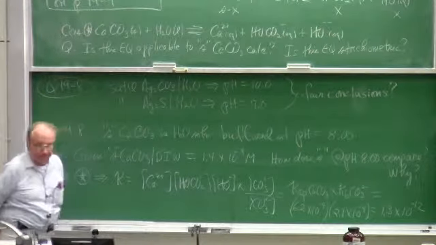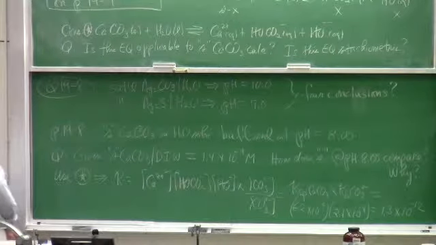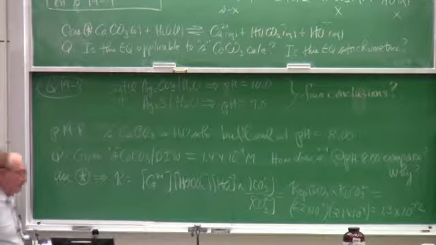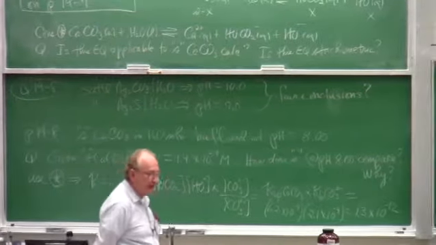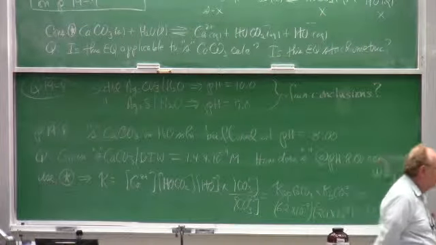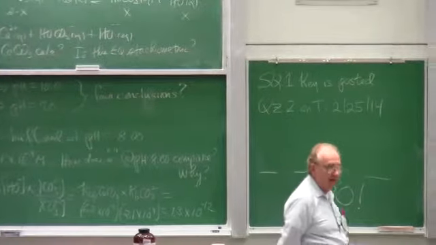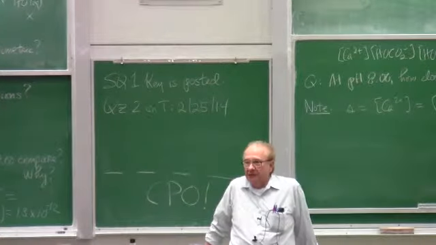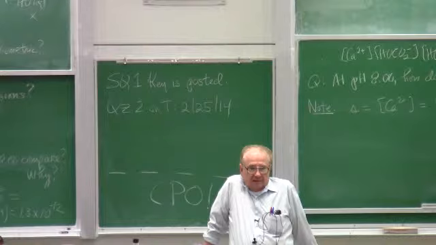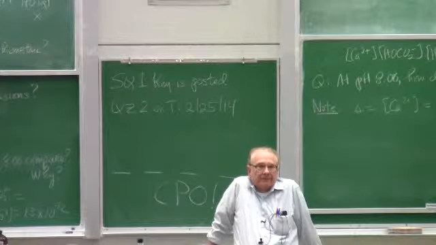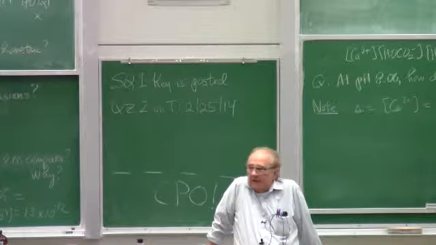Question 19.8. Saturated silver carbonate solution also shows a pH of 10.0. Based on this data point, what might you tell me about the solubility of silver carbonate compared to the solubility of calcium carbonate?